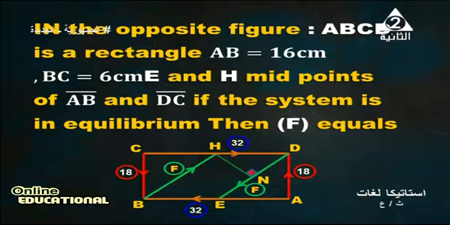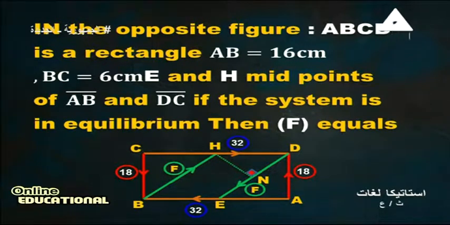If the system is in equilibrium, then the force F equals what? Look at the force F. The forces F form a couple because the two forces are equal in magnitude and opposite in direction. The first acts at BH, the second acts at DE.